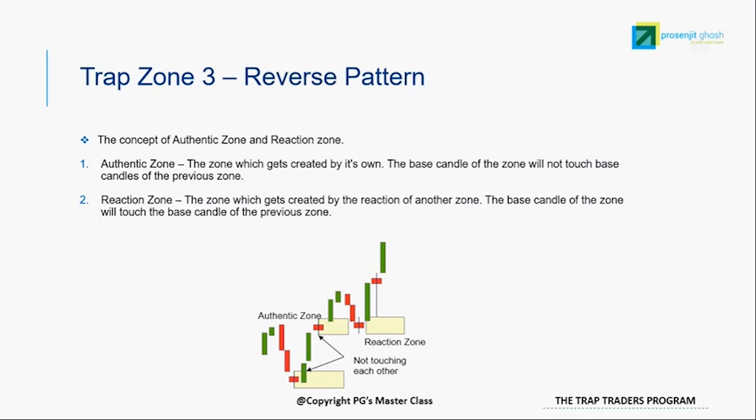Okay, so all of us know that this is a reaction zone. Why? Because the base candle of this zone is touching the base candle of the previous demand zone, right? So in this case, this is a reactionary zone.